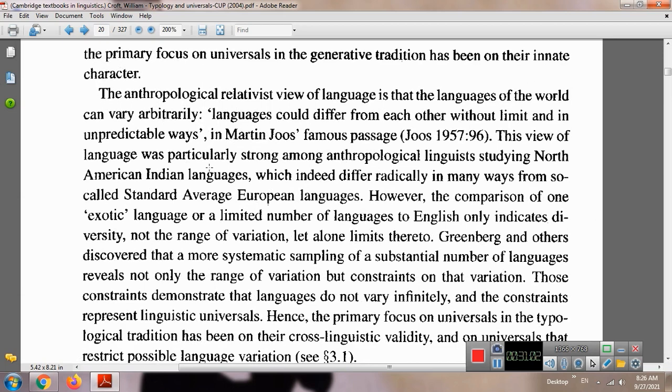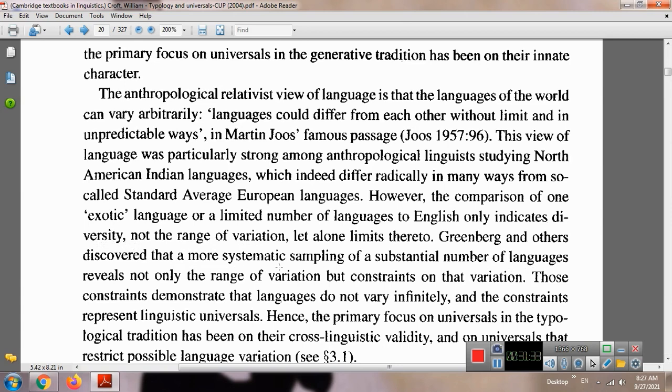This view of language was particularly strong among anthropological linguists studying North American Indian languages, which indeed differ radically in many ways from so-called Standard Average European languages. However, the comparison of one exotic language or a limited number of languages to English only indicates diversity, not the range of variation, let alone limits thereto.